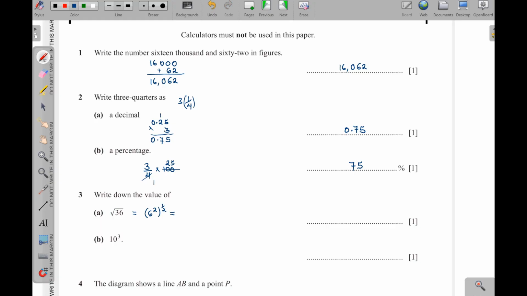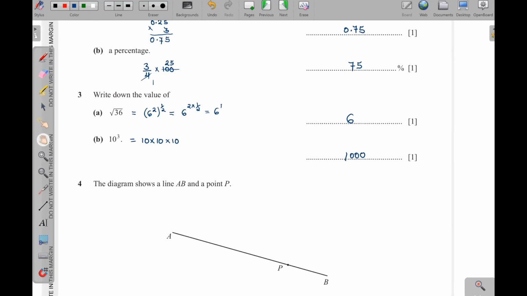Now using the rules of indices, these two will multiply. So you have 2 times a half, and then you get 6 power 1. So that means your answer is 6. And then 10 cubed is going to be 10 times 10 times 10. And this one will give us 1,000.